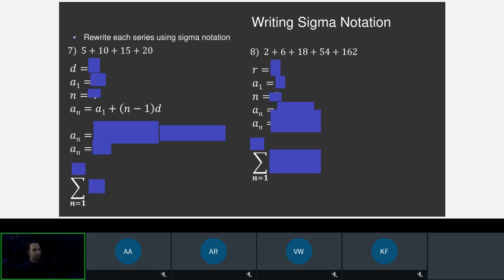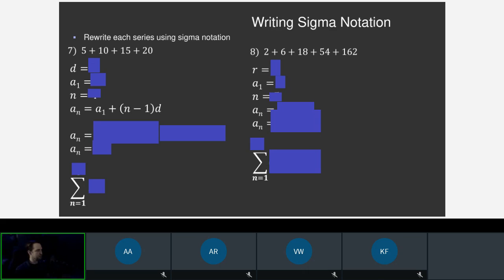Okay, now we want to write in sigma notation. So I give you a series, and for these, I kind of give it away. So this is obviously arithmetic. You can kind of see 5, 10, 15, 20.